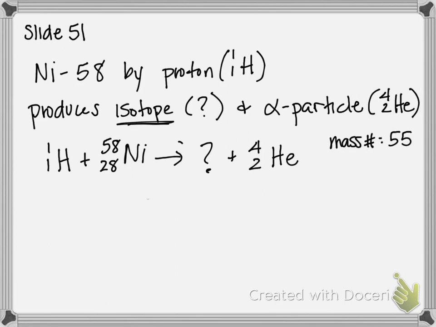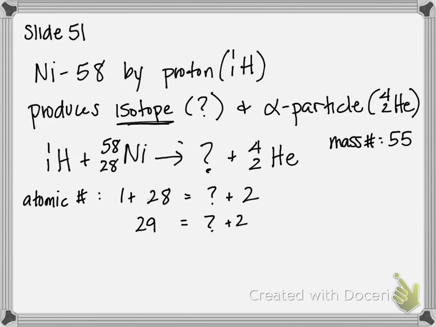Next, we need to figure out the atomic number of our missing element. So that's going to be 1 plus 28 is equal to something plus 2. So 1 plus 28, that is 29, is equal to something plus 2. And then if we take 29, subtract 2, we should get 27.